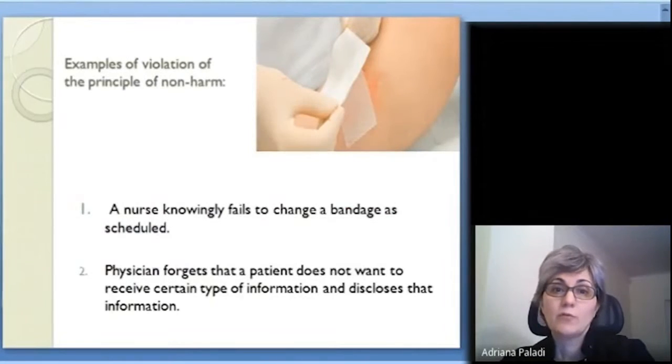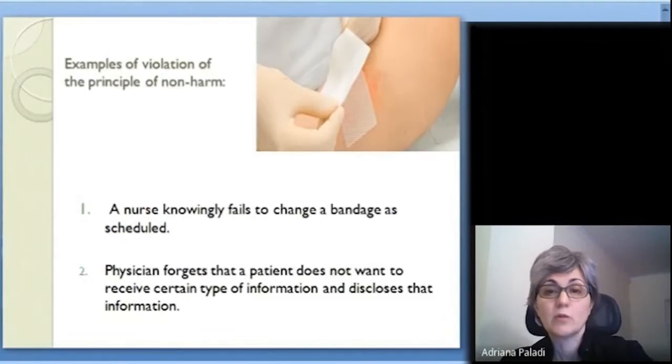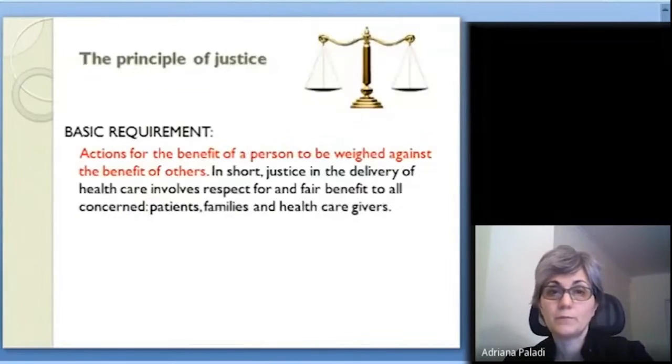Some examples of violating the principle of non-harm are the case of a nurse who knowingly fails to change a bandage on schedule because it leads to the risk of harm. The second case is the case of a physician who forgot that the patient does not want to receive a certain type of information and discloses that information to the patient. And in this case, there is the risk of psychological harm.